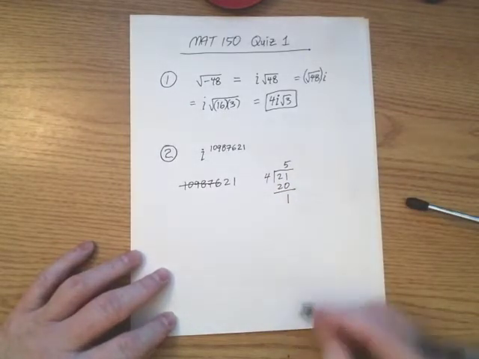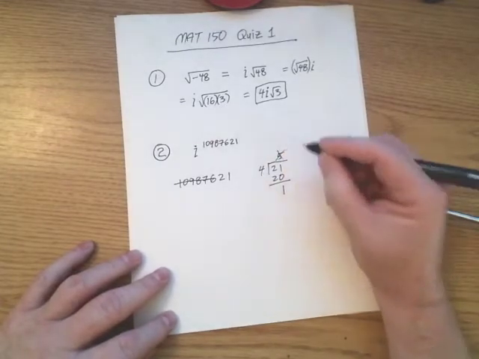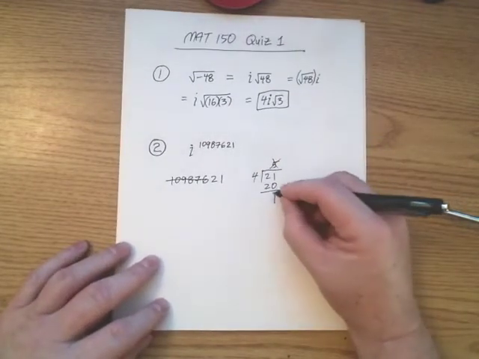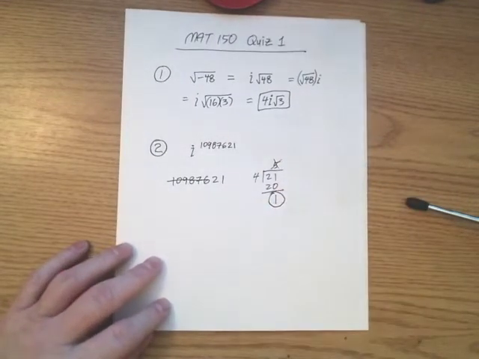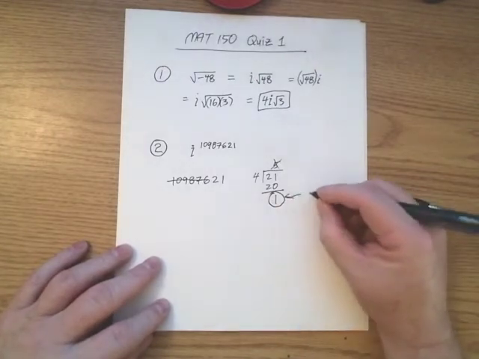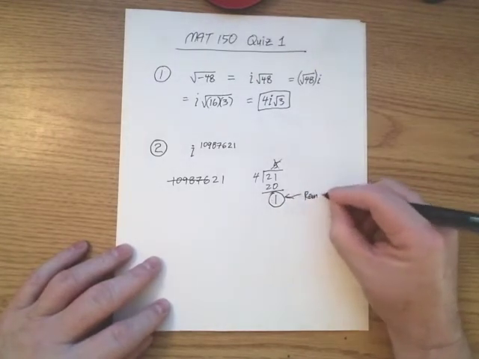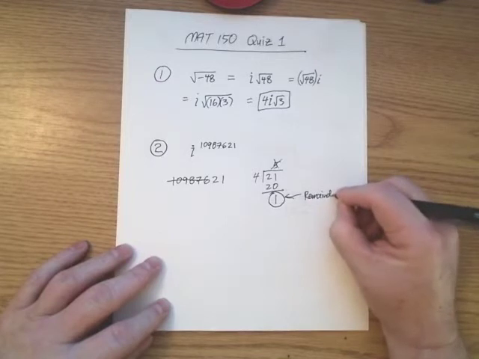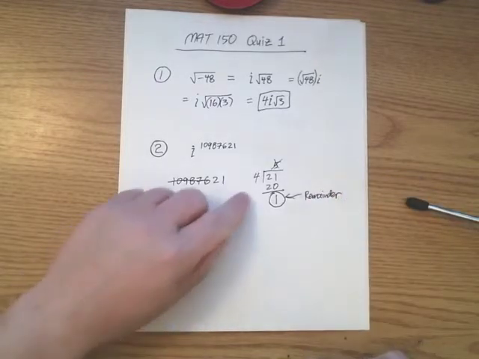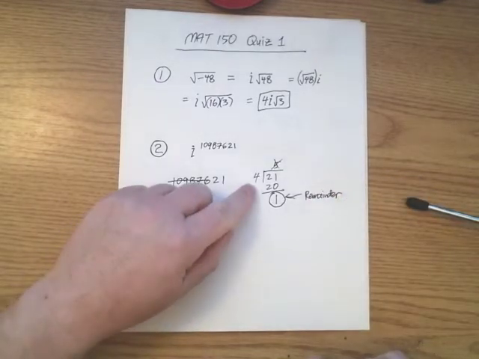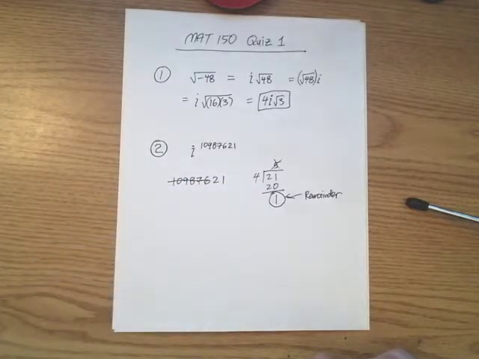Now, I don't care about that fellow. The only thing I'm interested in is what? The remainder. Now, if you did this right, you should have a remainder, which is what? 0, 1, 2, or 3, right? If you divide by 4, you should have a remainder less than 4.